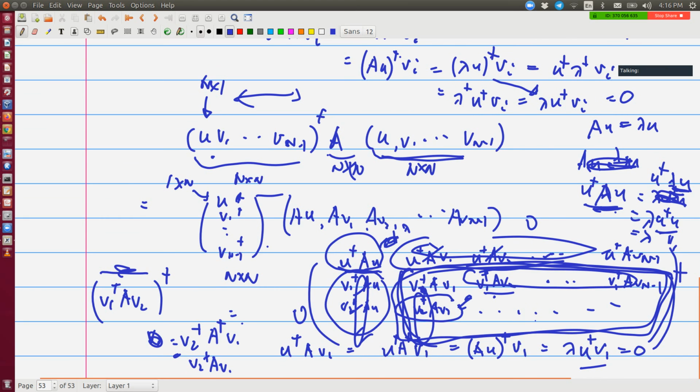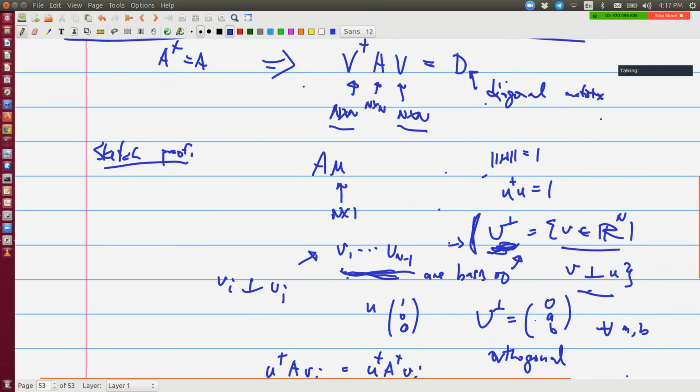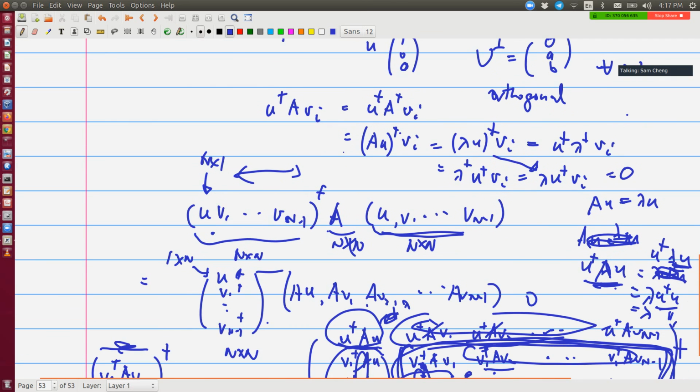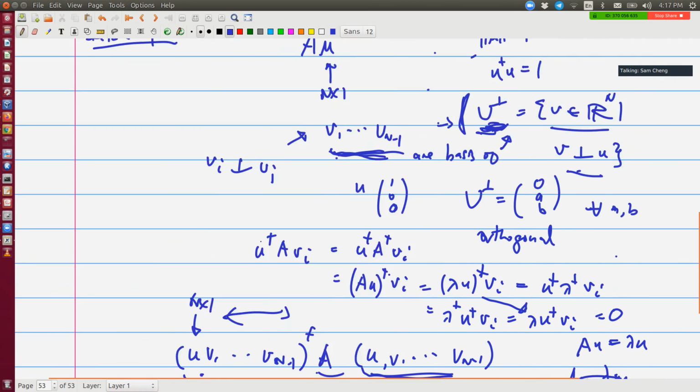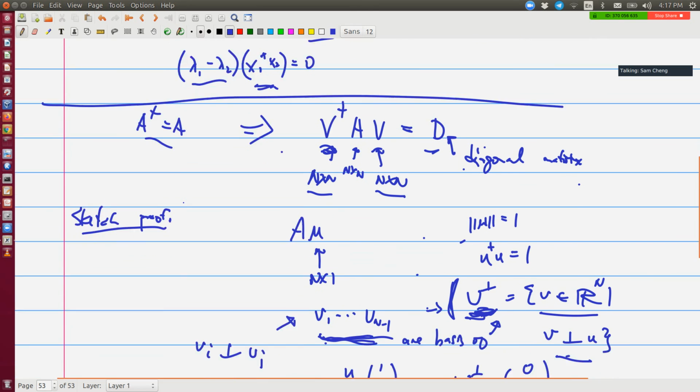That will show that I will be able to construct a V like this, repeatedly constructing the diagonal. And then I will be able to diagonalize this into a diagonal matrix, as long as A is Hermitian. And then what is the V?